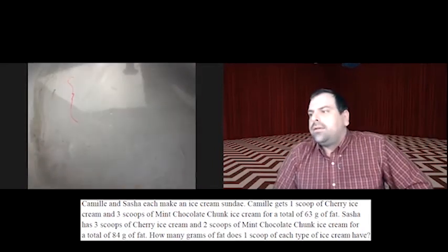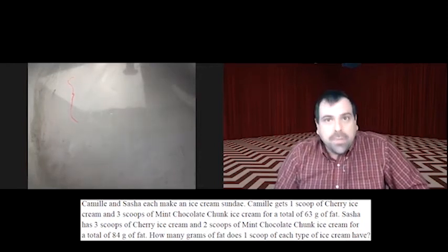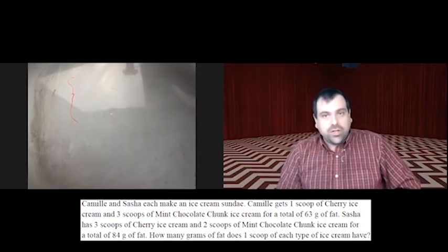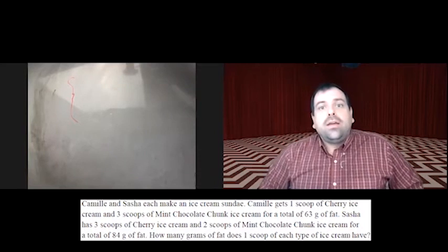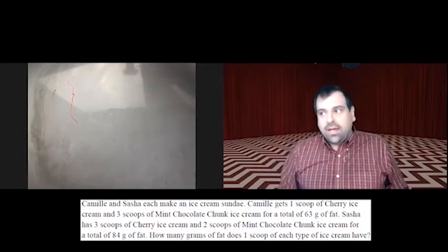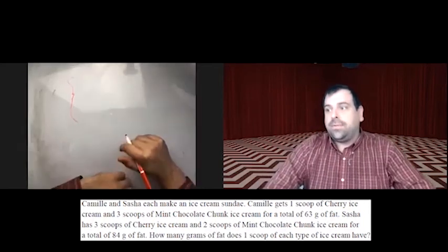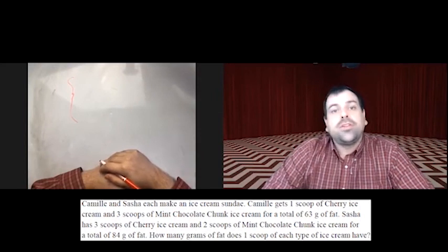Let's let C stand for cherry, and let's let M stand for mint chocolate chunk. And C and M are going to stand for the grams of fat in each of those. C for cherry, M for mint chocolate chunk. Let's read this again, starting with Camille.